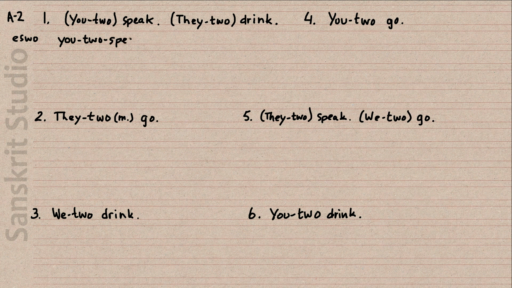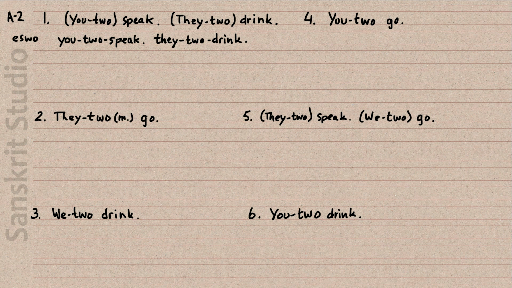a representation of the information in the Sanskrit verb, you two speak. And similarly, we have parentheses around they two, so they two drink, sorry. And then we have to know what speaking is.